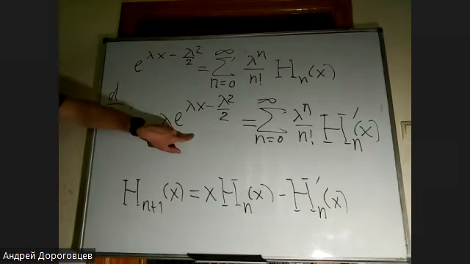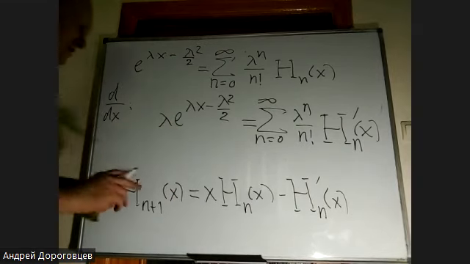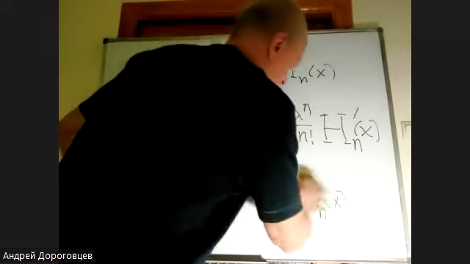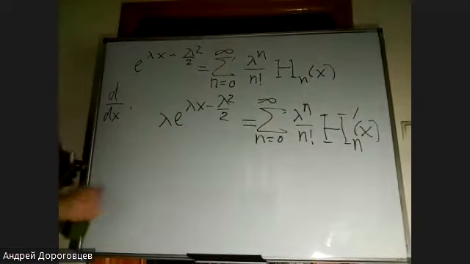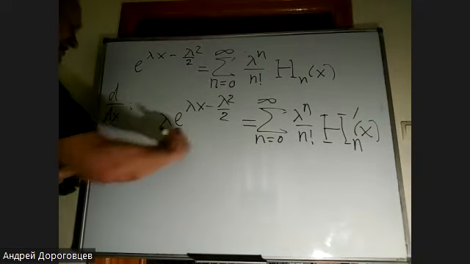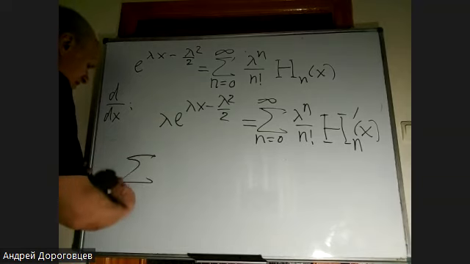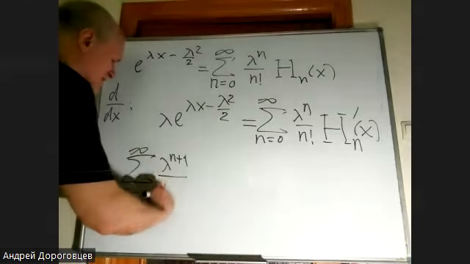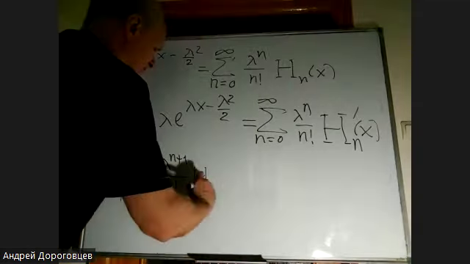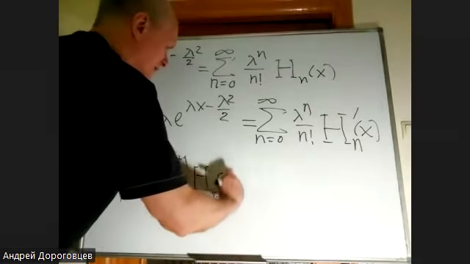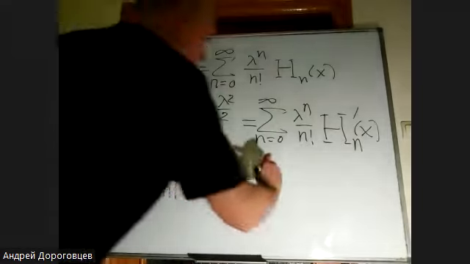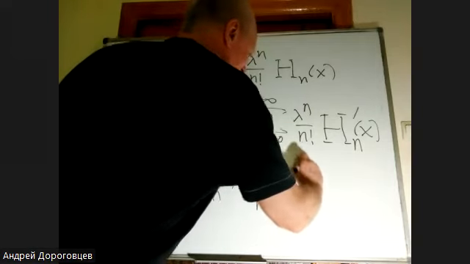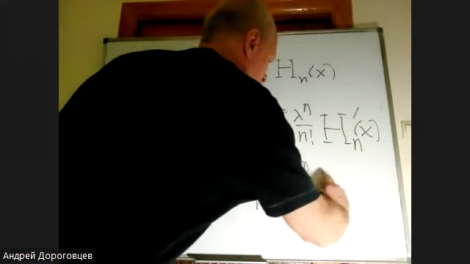But I have an expression for the left one without any derivatives. So I continue. In the left part, I will have the sum to infinity of λ^{n+1} / n! H_n(x), and it must be equal to this part: the sum from n equals 0 to infinity of λ^n / n! H_n'.